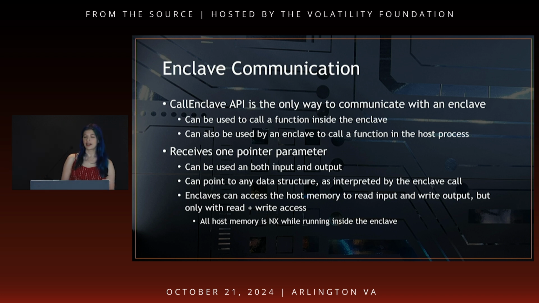So how do you even target an enclave? The only way to communicate with enclaves is with the CallEnclave API. It's an API that takes a pointer to a function inside the enclave, takes a pointer that is a parameter, and sends it to the enclave.